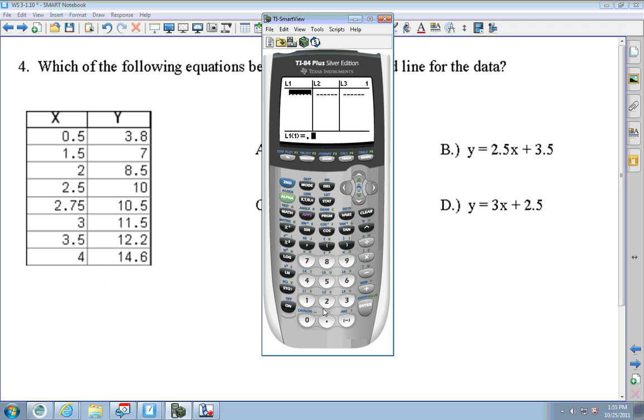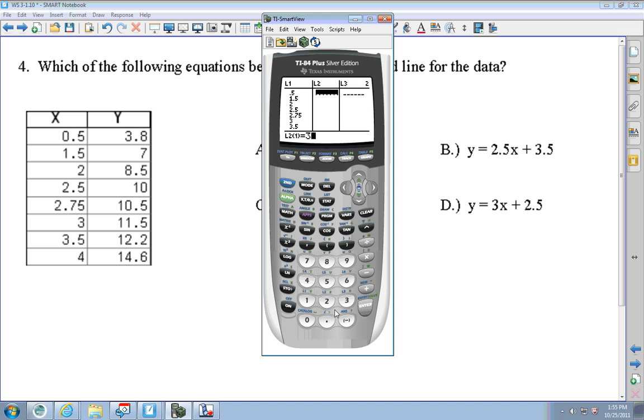So I've got 0.5, 1.5, 2, 2.5, 2.75, 3, 3.5, and 4. Then you go over to L2.